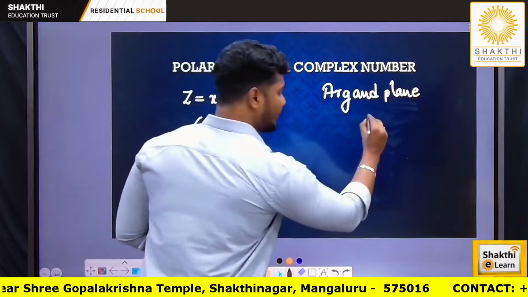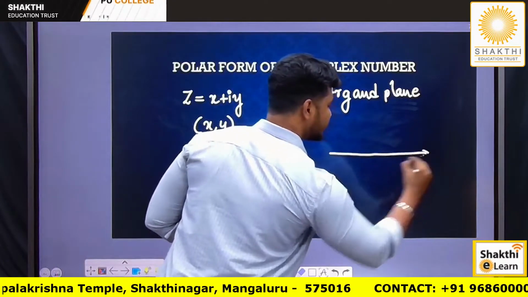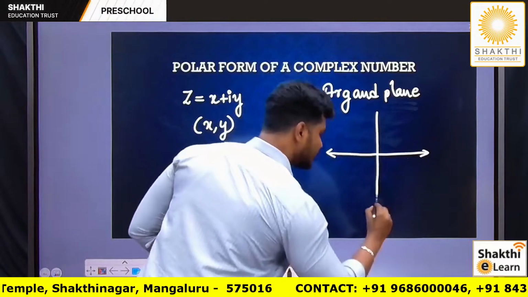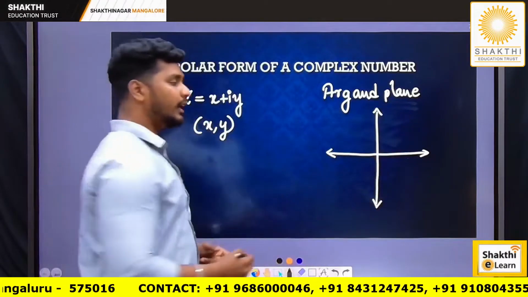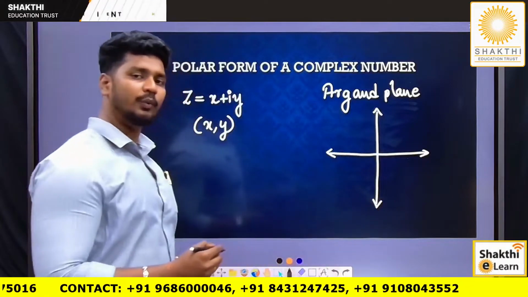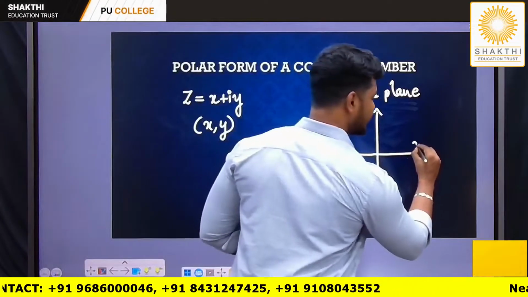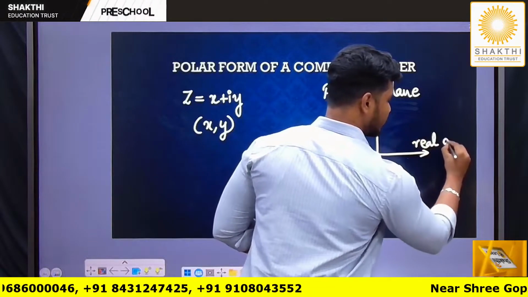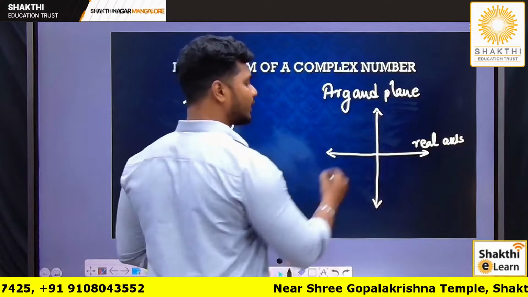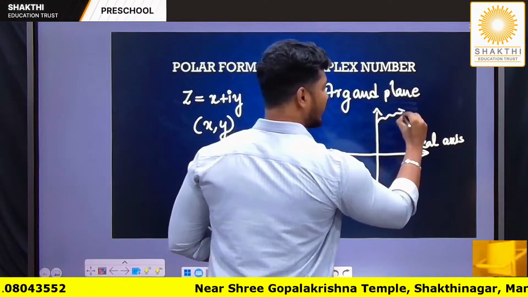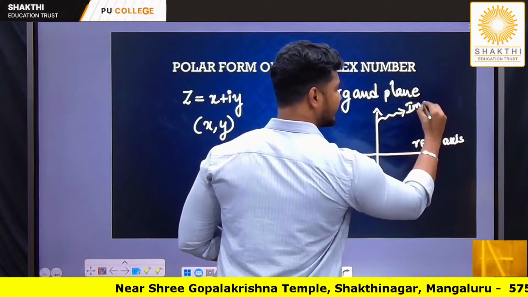In the Argand plane, I'll have two axes: the horizontal x-axis, what we usually denote, we call it the real axis, and the y-axis, what we usually call, is called the imaginary axis.